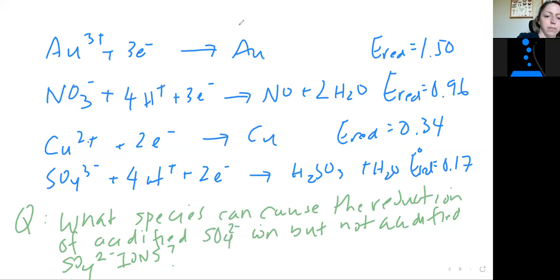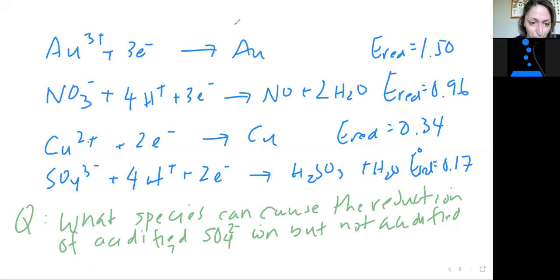I think I've got to flip these. And I'm going to give you guys choices. Hold on one second. Let me make sure I got this right. Copper cannot, bicarbonate.